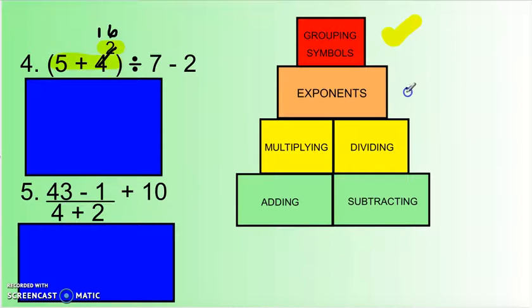I check that off, got the power done inside those grouping symbols. And now any multiplying or dividing inside here? No. So we're done. Adding or subtracting? Yes, there's addition. So we're going to do 5 plus 16, and 5 plus 16 is 21.